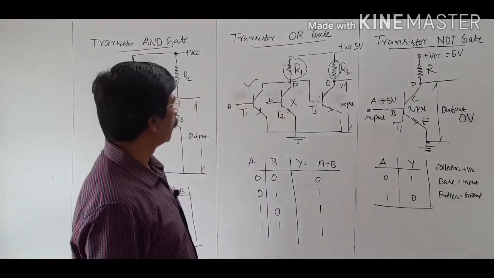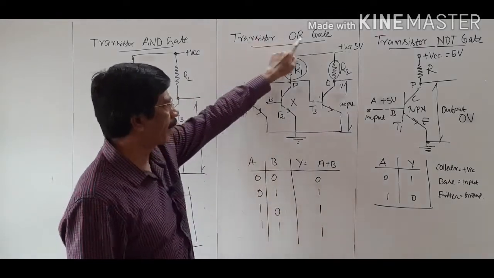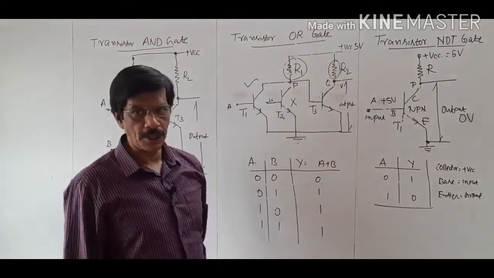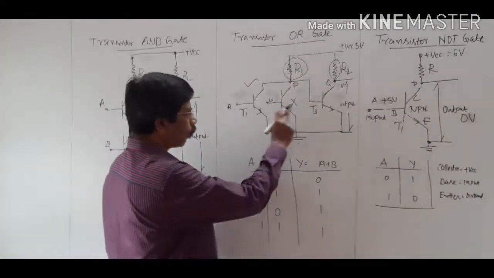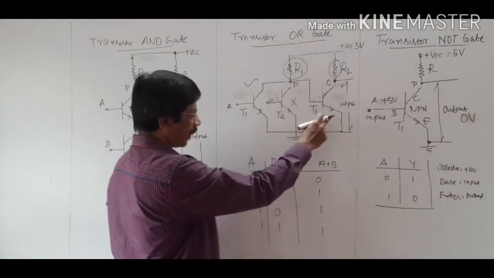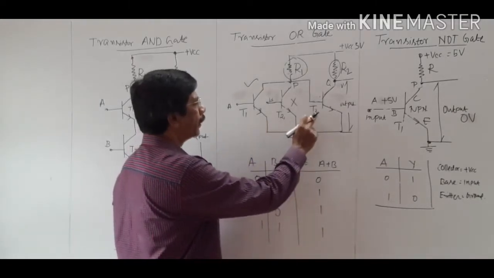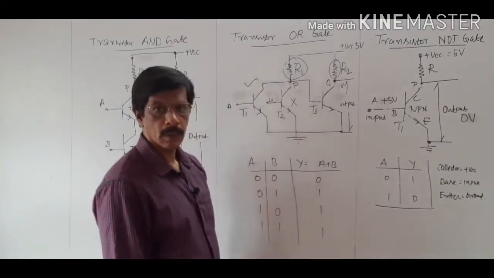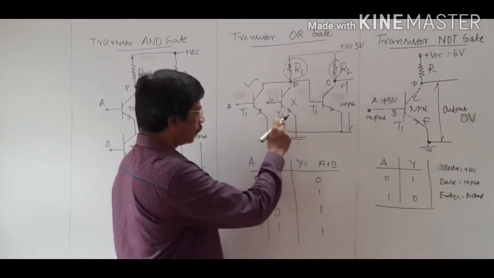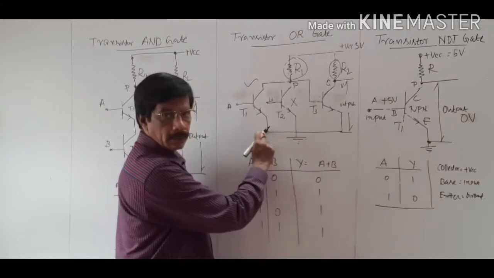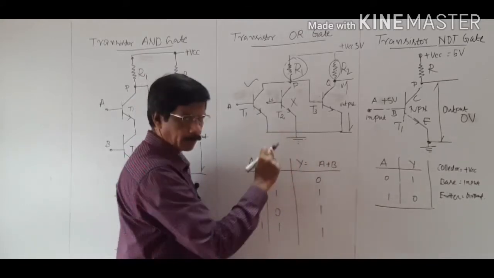The second circuit is transistor OR gate. The transistor OR gate consists of 3 equivalent NPN transistors, namely T1, T2 and T3. The emitters of all the 3 transistors are interconnected, which is connected to ground.